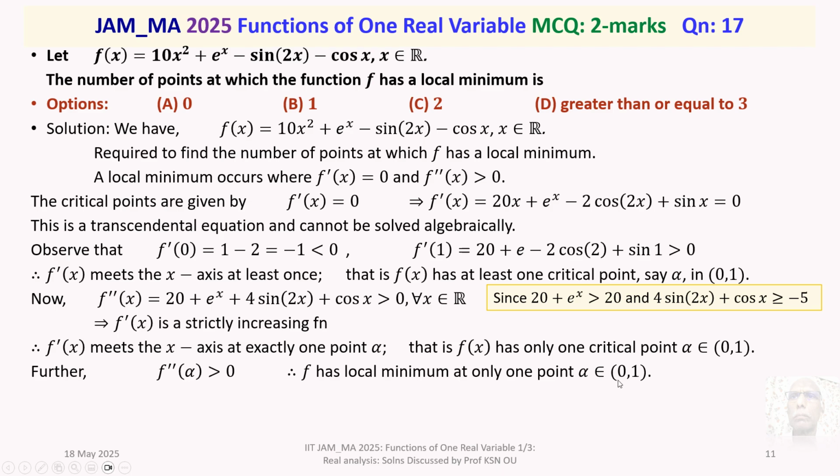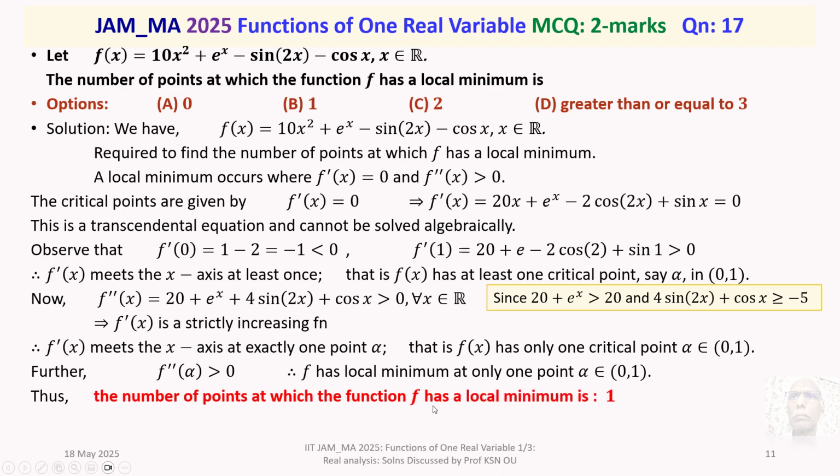That point is alpha belongs to 0 to 1. Therefore, the number of points at which the given function has local minimum is 1. Where is the answer? Answer appears against option B. Therefore, the answer to this question is option B, and that is the detailed discussion of the solution of this problem.